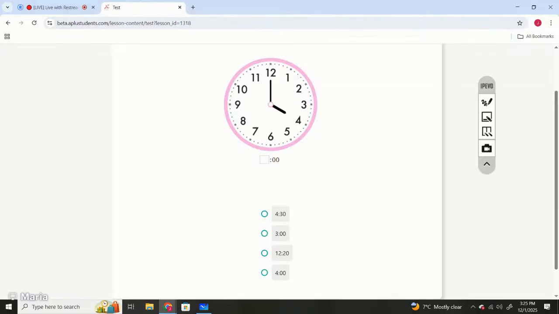What time does the clock show? Which is the correct option? That is 4 o'clock. Option number 1 is the correct option.